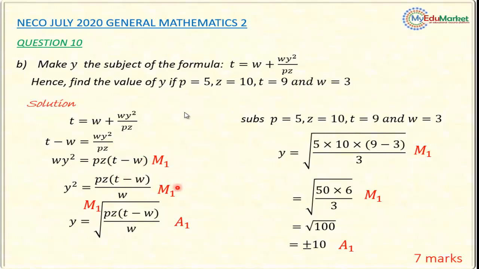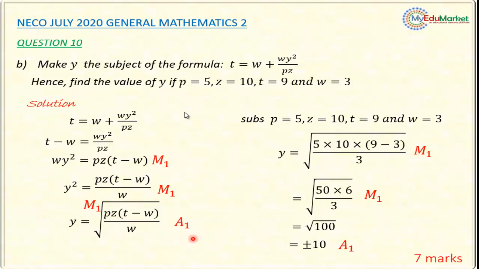The next mark is for dividing both sides by w, still in your attempt to make y subject of the formula. Next mark is another method 1 mark, for taking square root, that is trying to cancel this power 2, still in an attempt to make y subject of the formula. So taking square root of both sides, you have this method 1 mark.